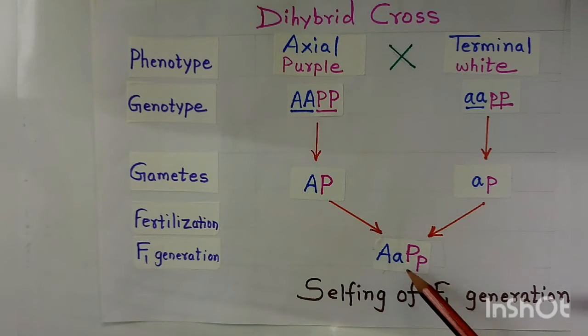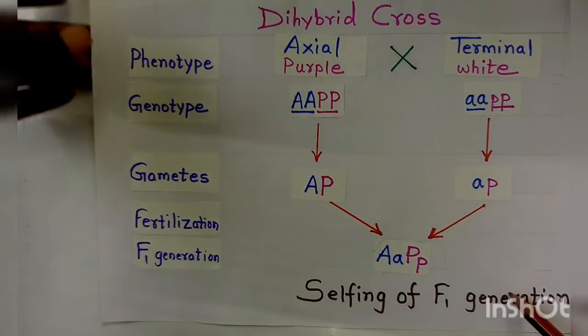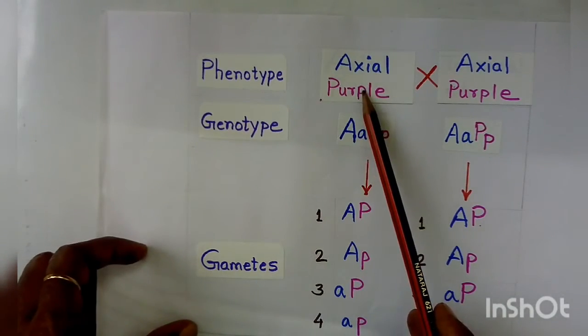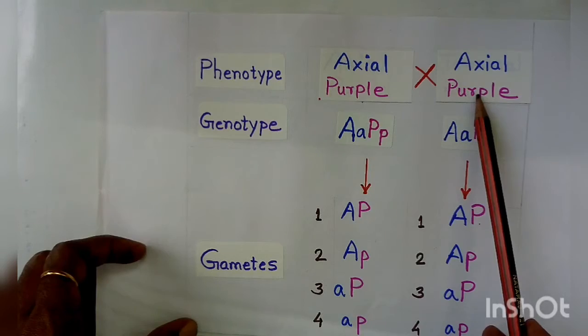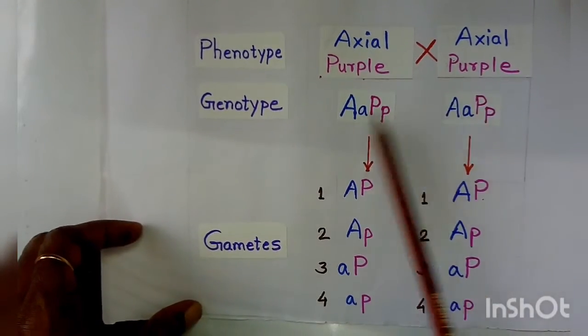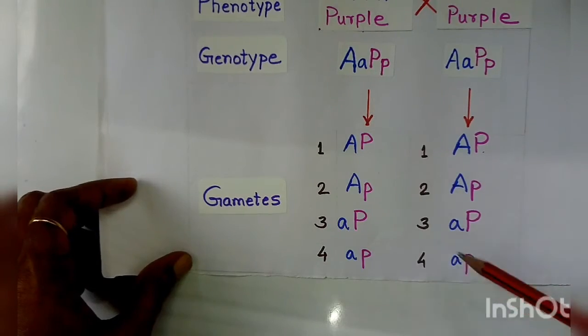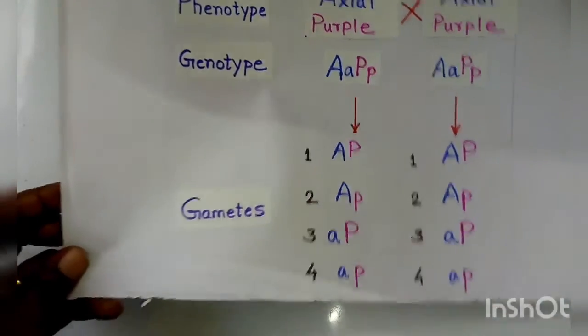So after the F1 generation, the next step is selfing of the F1 generation. After selfing, this is the F1 generation, it is crossed with the F1 generation. These are the genotypes and these are the gametes. Now these gametes are placed in the checkerboard.